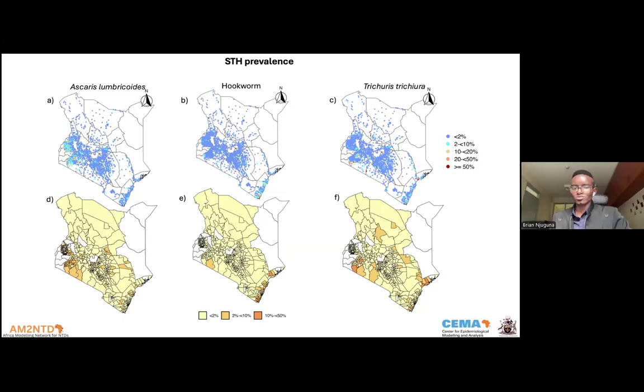And the third was the number of children who tested positive for that STH species infection. From this, we are able to calculate the prevalence, which was basically the total number of children who are positive out of the total sample. That's the way we get the prevalence at school level.